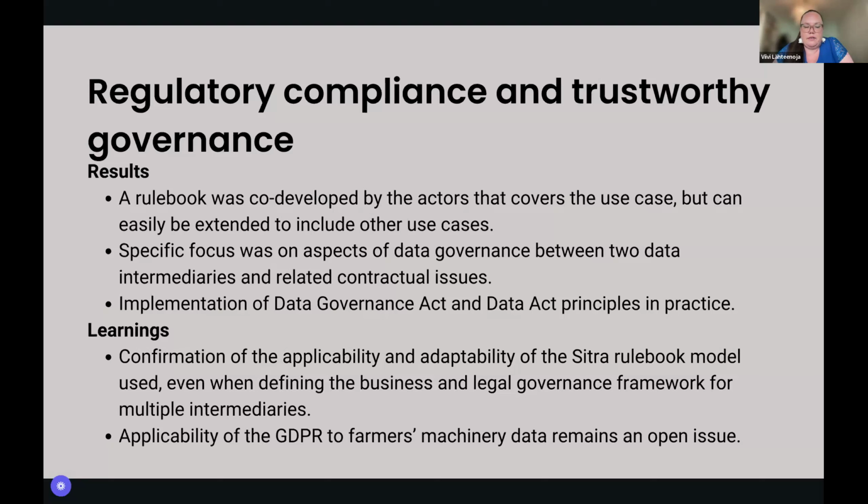The specific focus for this rulebook development was on aspects of data governance between two data intermediaries and the related contractual issues there. But we did show how one could implement the basic principles of the Data Governance Act and the Data Act in practice.